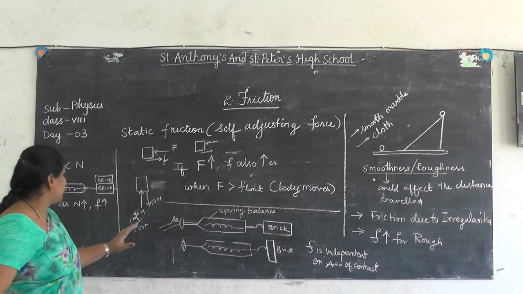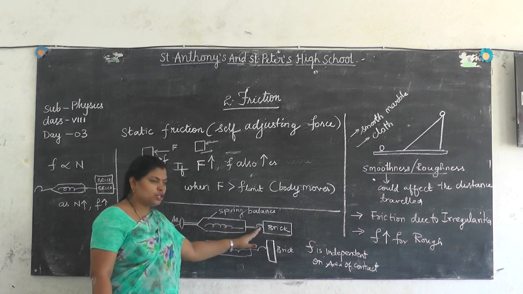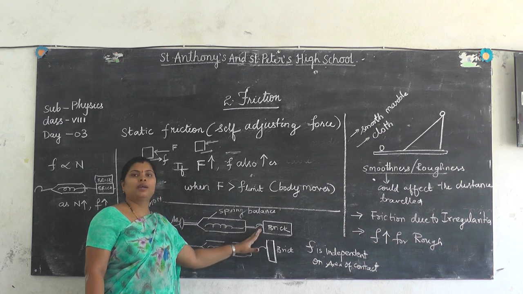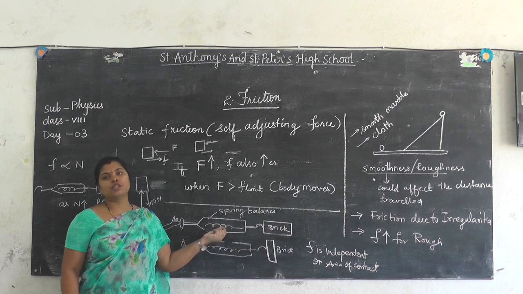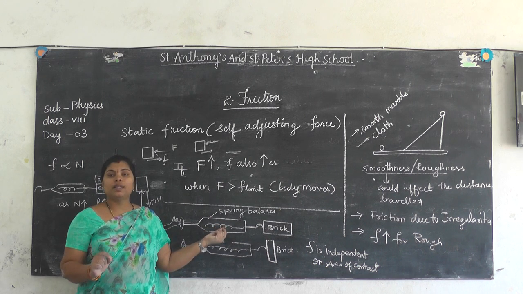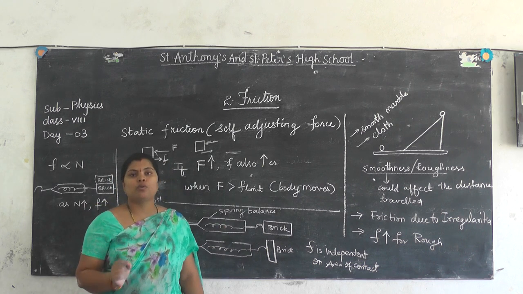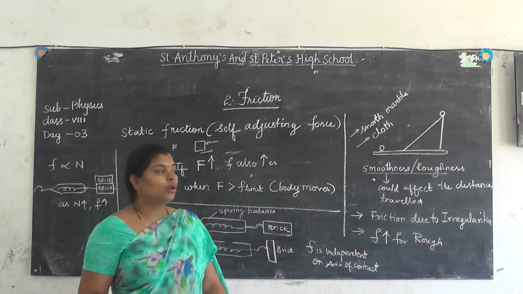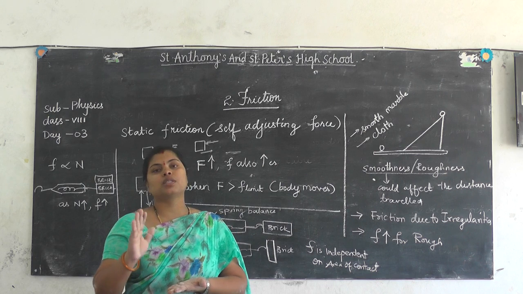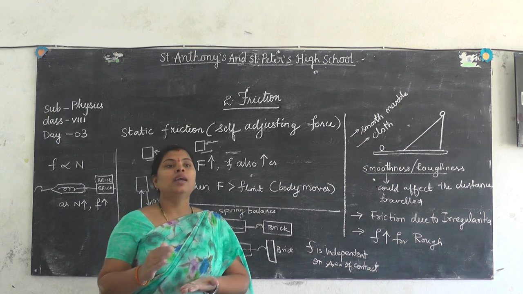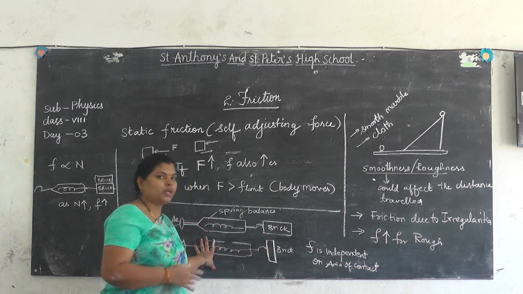When the spring balance is attached to the horizontally placed brick, you note the frictional force. In these two situations, you will get the same force. It means that irrespective of the position of the brick, your frictional force is the same, so it is independent of area of contact.